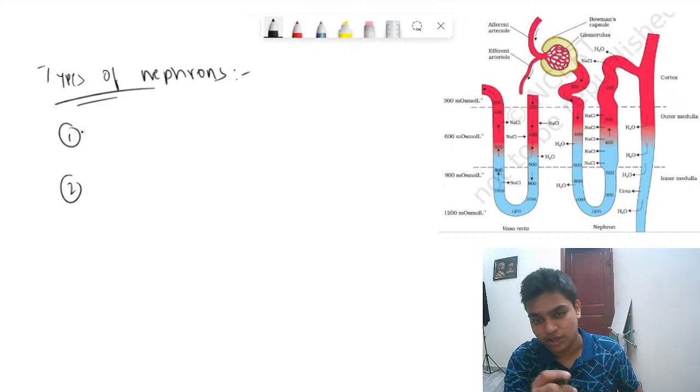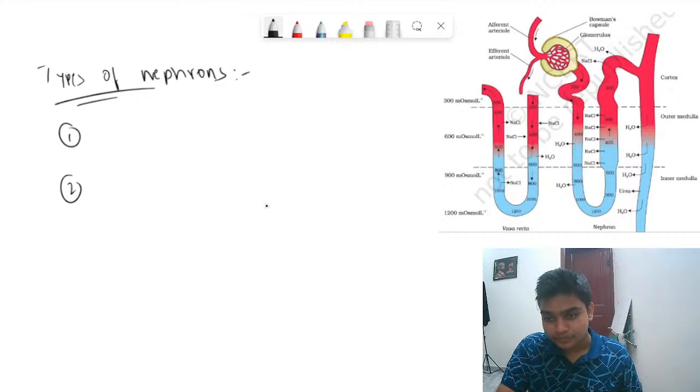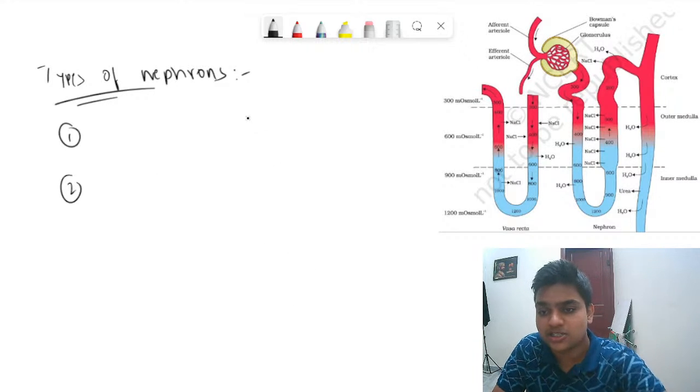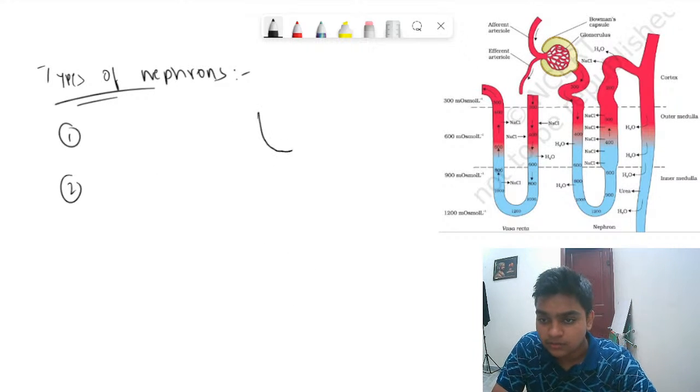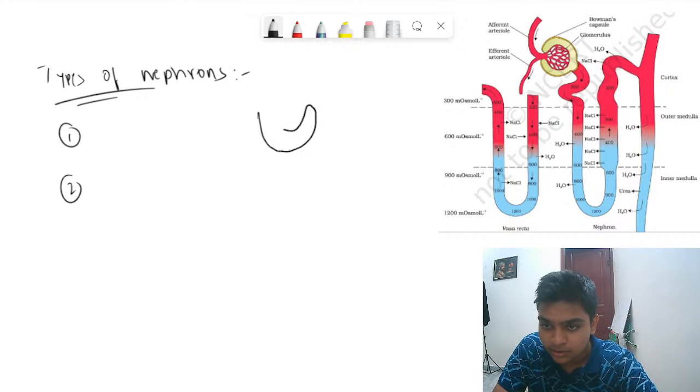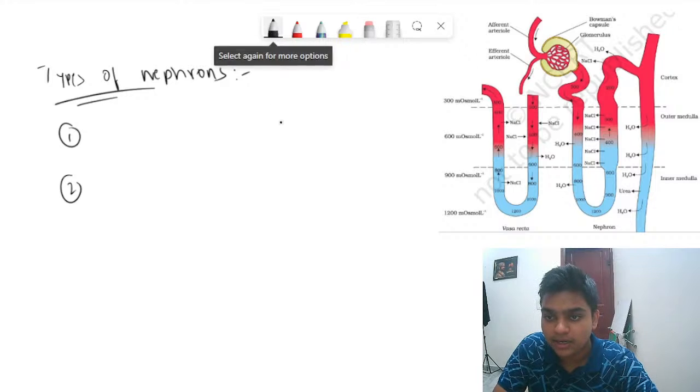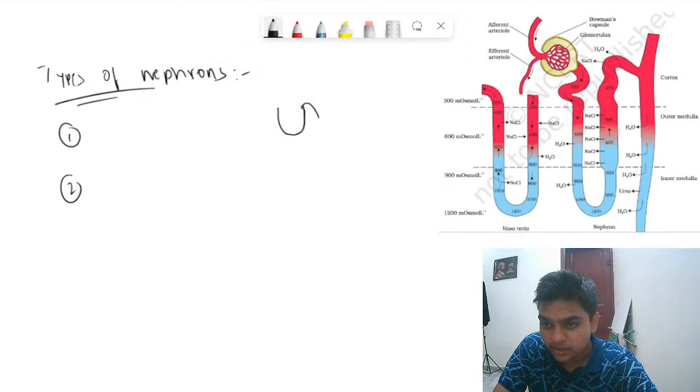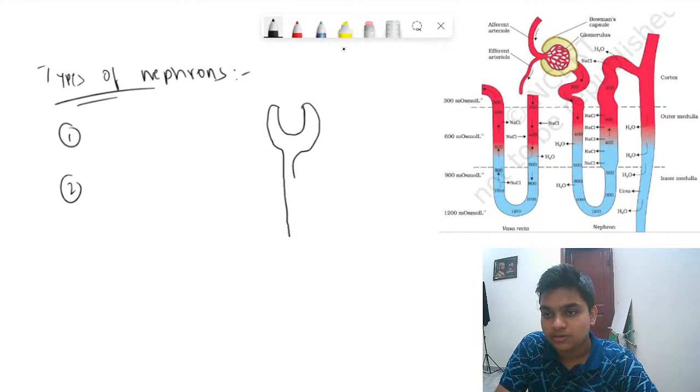See, when you closely examine the structure of the nephron, which we have done long back, let me try to draw it.